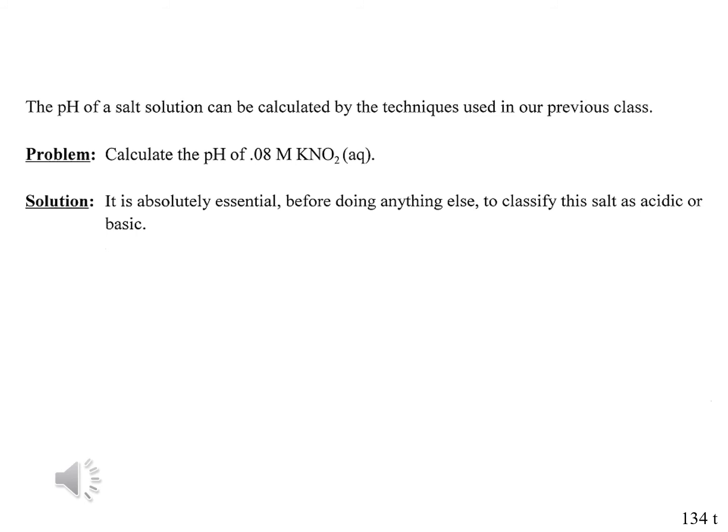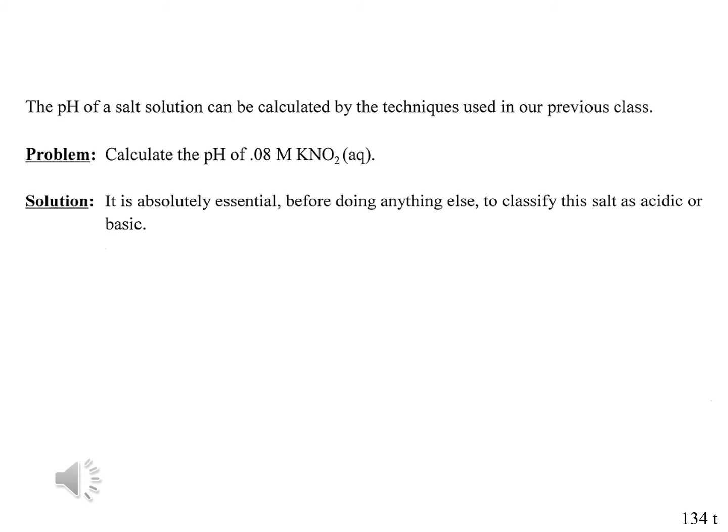I not only want to classify these salts, but I also want to calculate the pH of them. It's the same problem we did in the last lecture with just a little bit of an extra thing. Let's suppose I ask you to calculate the pH of 0.08 molar KNO2.